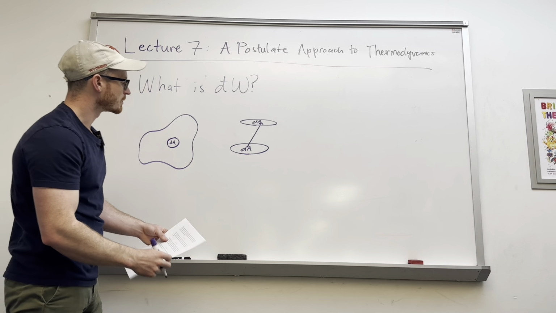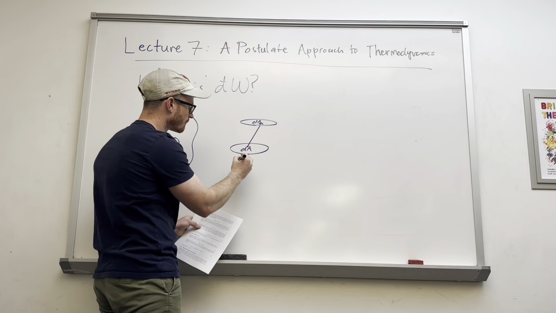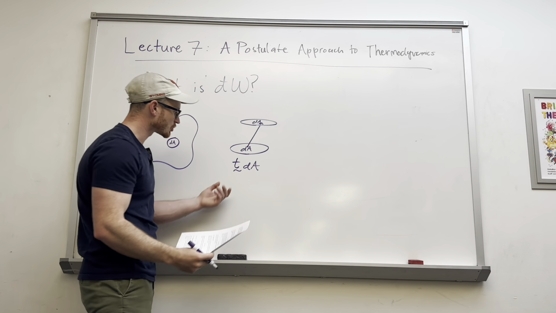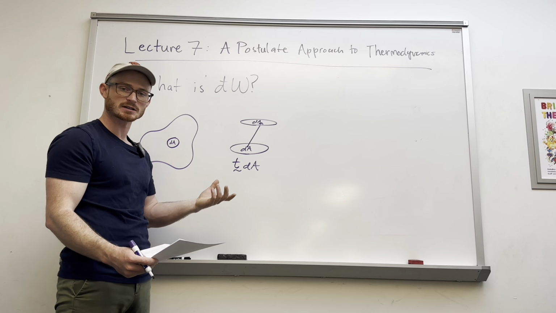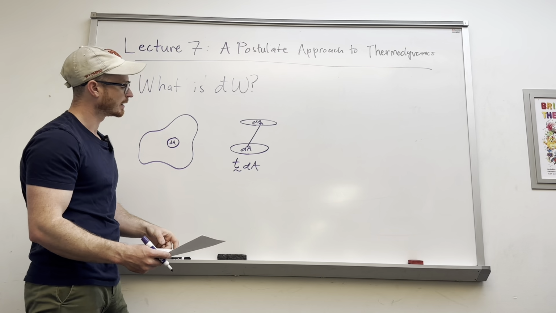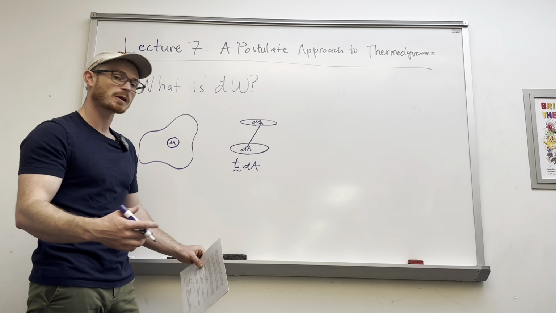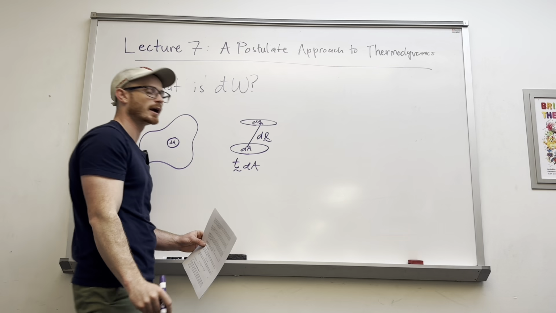So what can we do? Well, we can say, in order for this to happen, we had to exert some force. We're going to call that force TdA. So this is the stress over this entire surface element, TdA, right? And then to displace it, we displace it by some amount, dl, right?